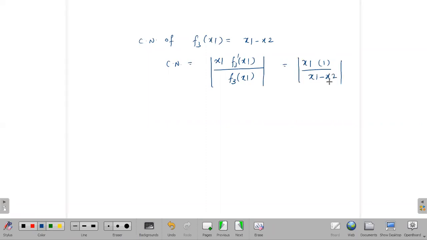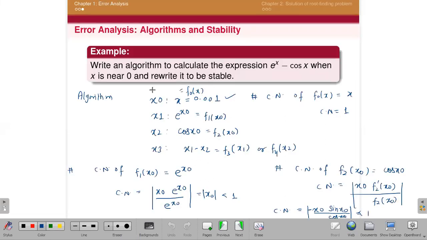Again, you can see these are the subtraction of two nearly equal numbers. If you find its value, it will be larger than 1. So here you will get instability. This algorithm is not stable. So rewrite it to be stable.